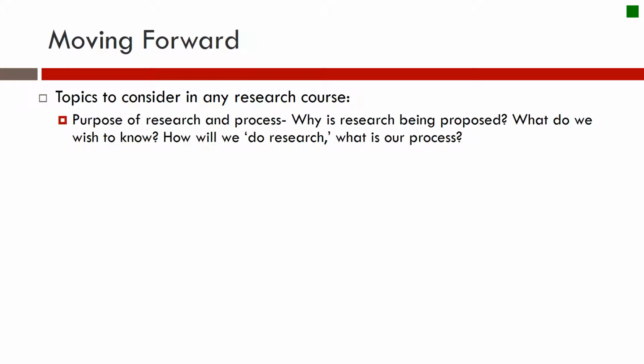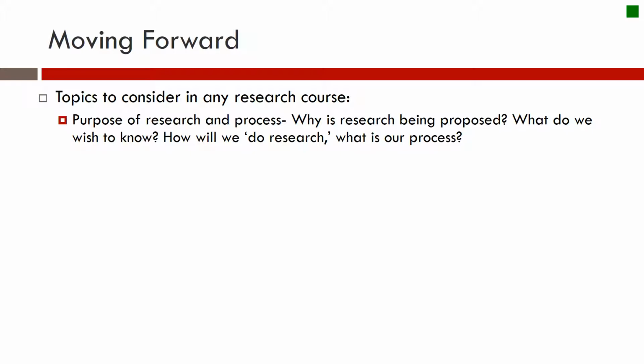But you want to be able to keep it in the research context. So don't forget, as we think about research, we want to think about why we're doing research and what our process will be. Even though you just have a data set, don't forget that we have a purpose and a reason for doing the research. We want to solve a certain problem, or we have some type of research question that we ultimately want to answer.